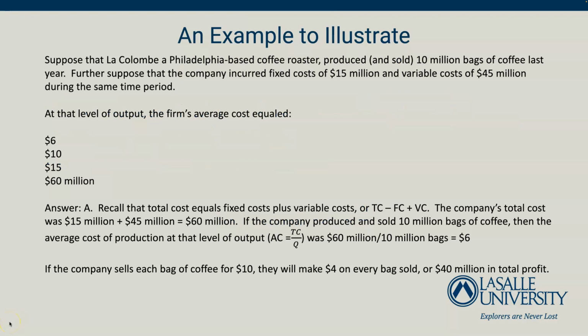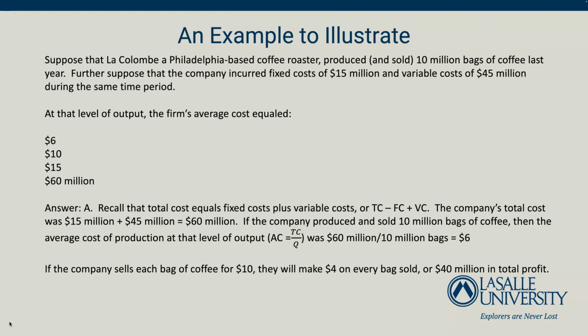Consider the following example. Suppose that La Colombe, a Philadelphia-based coffee roaster, produced and sold 10 million bags of coffee last year. Further, suppose the company incurred fixed costs of $15 million, say for their office space or their cafes, and variable costs of $45 million for the sourcing of coffee beans, roasting, and packaging during the same time.